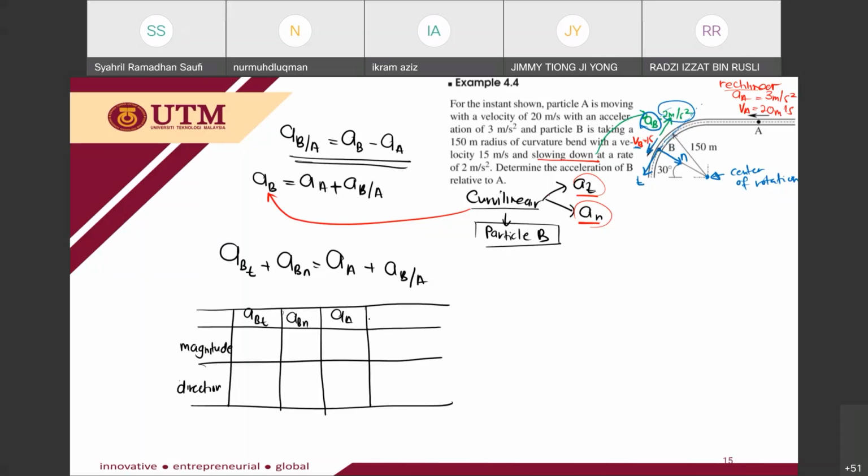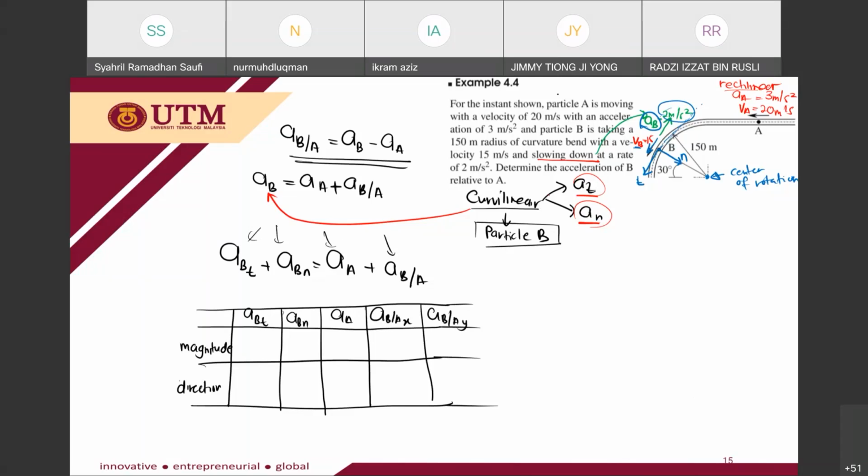Since you have four vectors, you need to use the rectangular component method. So we can directly put acceleration B to the X axis and acceleration B to the Y axis.